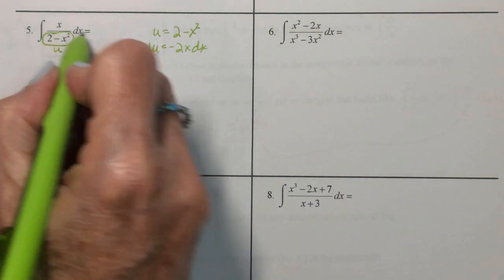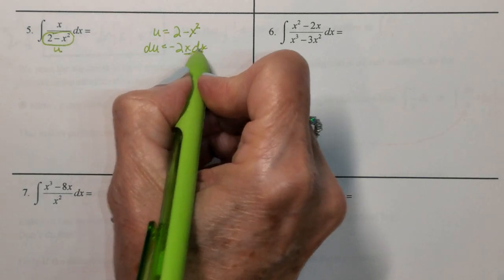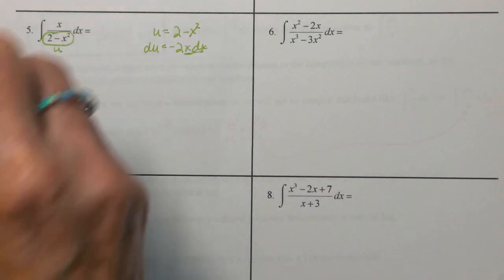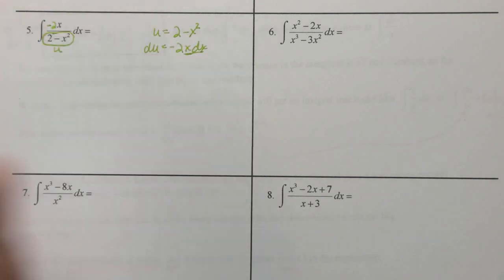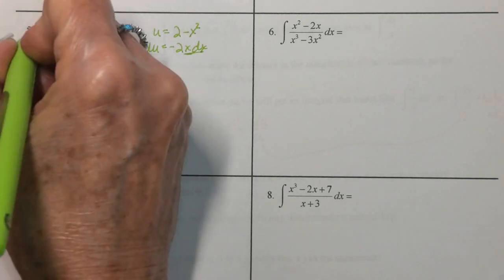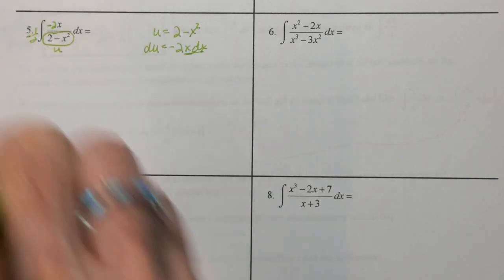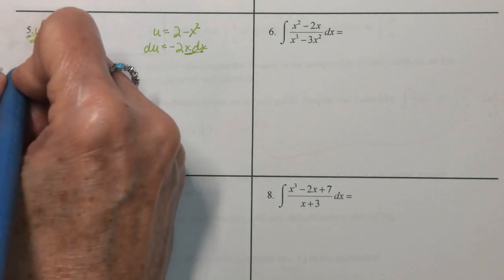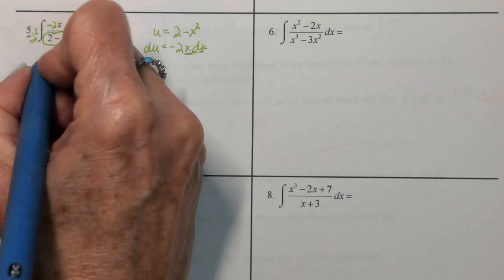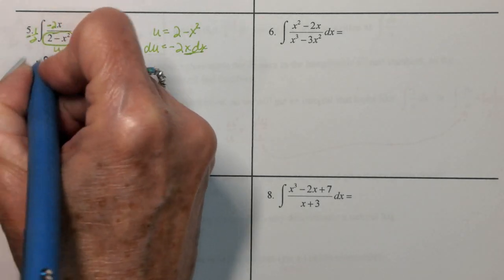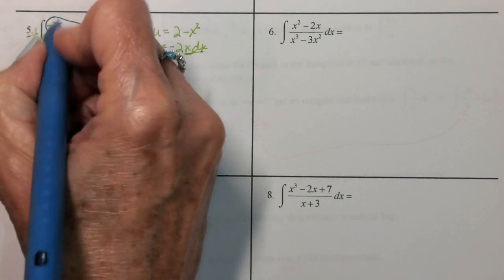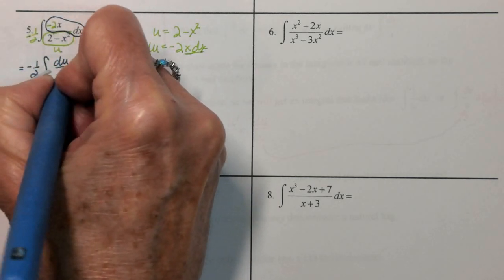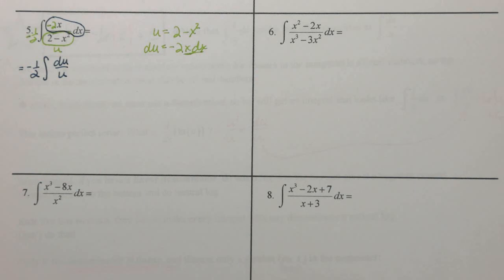The x dx, the x is there, it's Santa's present, right? We need a negative 2 with it, so I'm going to multiply by negative 1/2 outside. So this is negative 1/2 integral, there's my du over u, and now it's a natural log.